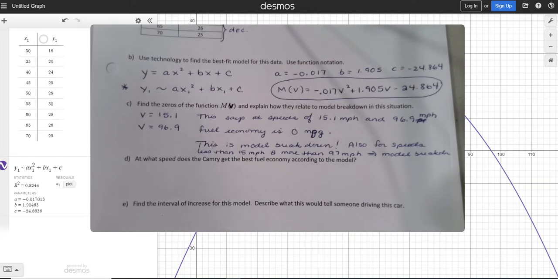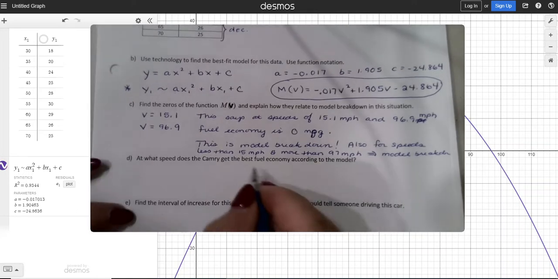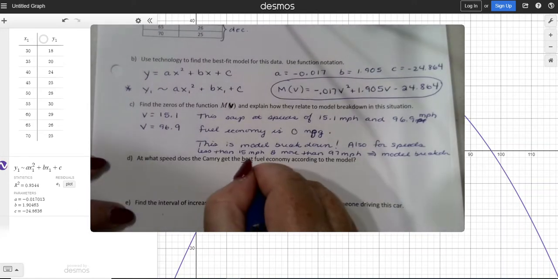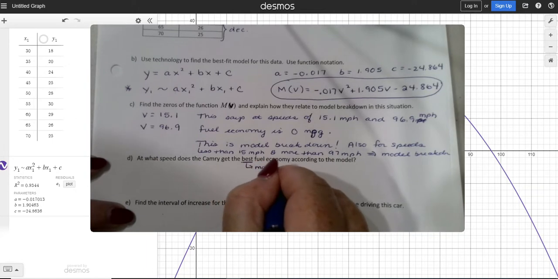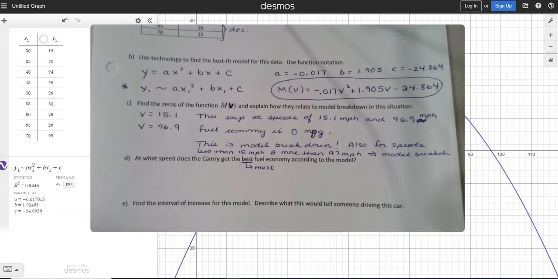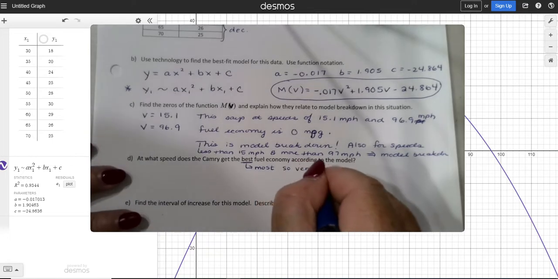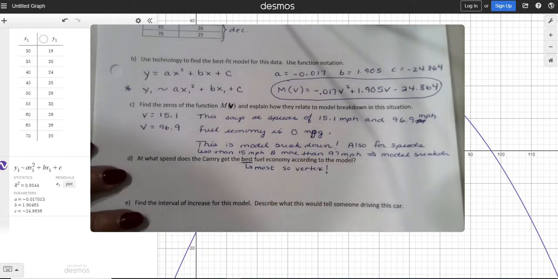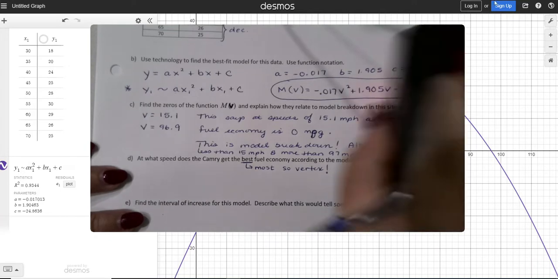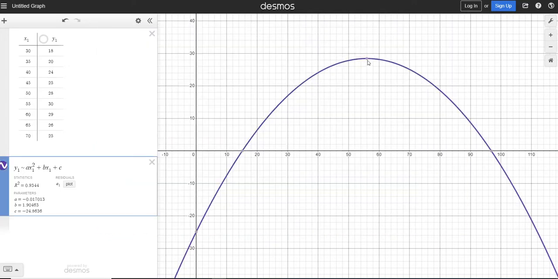All right, at what speed does the Camry get the best fuel economy? The best fuel economy is going to be the most, right? You want the most miles per gallon. And the most, or maximum, is going to be that vertex again. So if I come back to my model, the vertex from the graph is 55, well, just about 56, actually, if I round to the nearest tenth, comma 28.4.